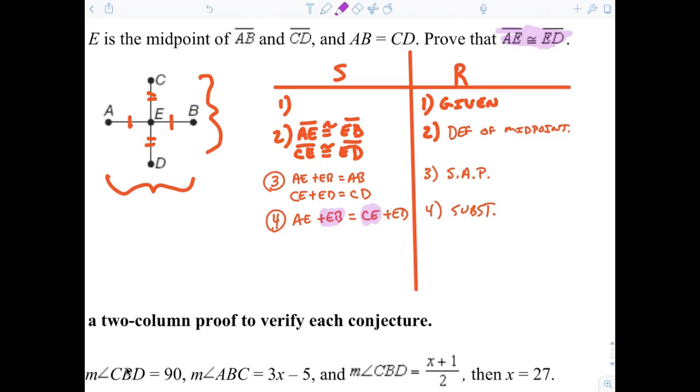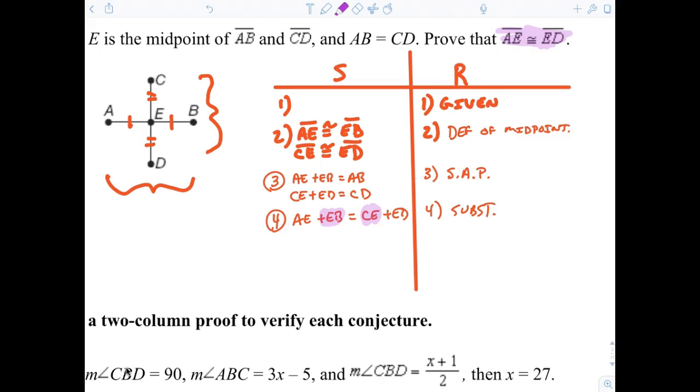Yeah. What? I don't think so. Why can we say AE is congruent to ED? No, EB. EB is what? I'm saying AE equals EB, and then you'd say CE equals EB. But I need the next step though.